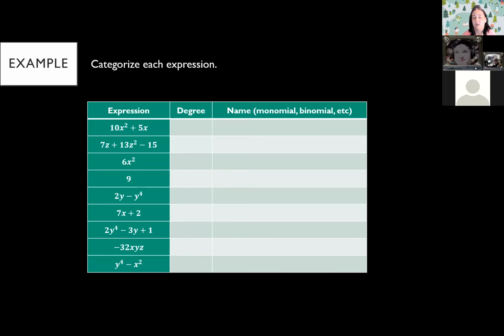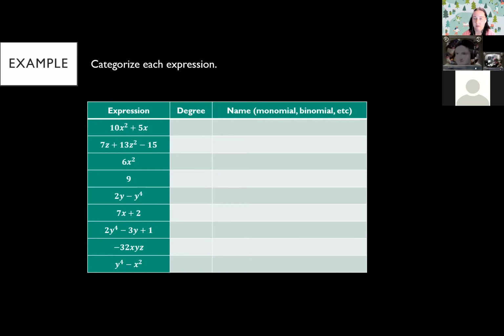These are all polynomials, and we want to determine: are they monomials, binomials, trinomials, or we'll just call them polynomials if they're not one of the special ones. And then we're also going to practice the degree part, because what's important to note is that the degree is not related to the name of the polynomial. I want to make sure that we get that clear: if it's a binomial, it does not always mean degree 2.